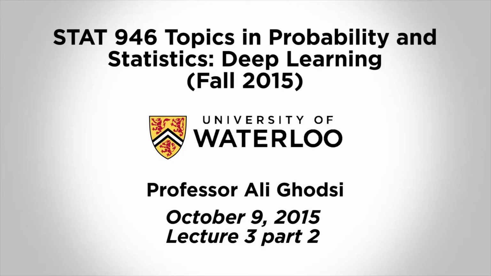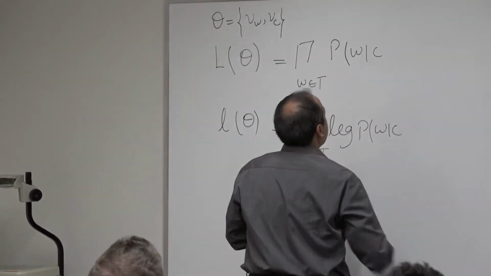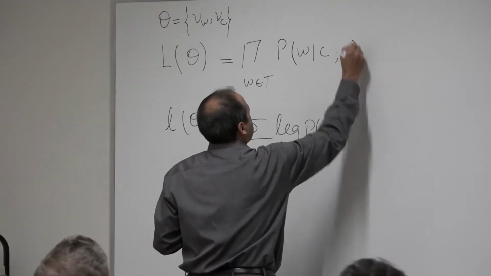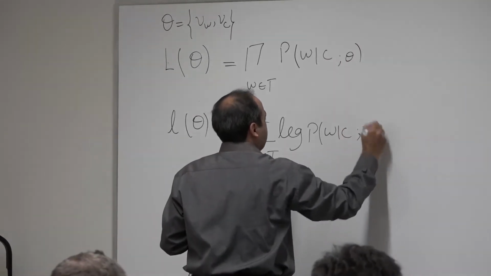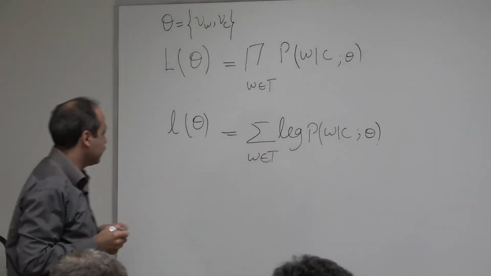So we decided to maximize this log likelihood of the model. This model has some parameters, theta, and I have to find the optimum theta such that it's maximized.